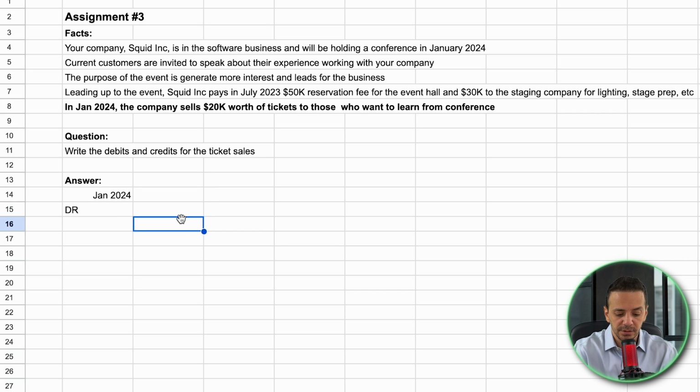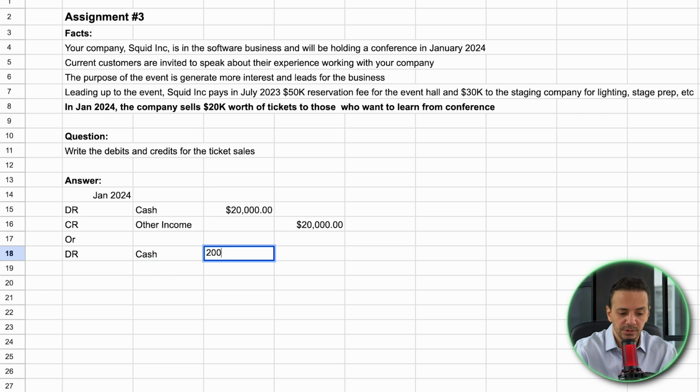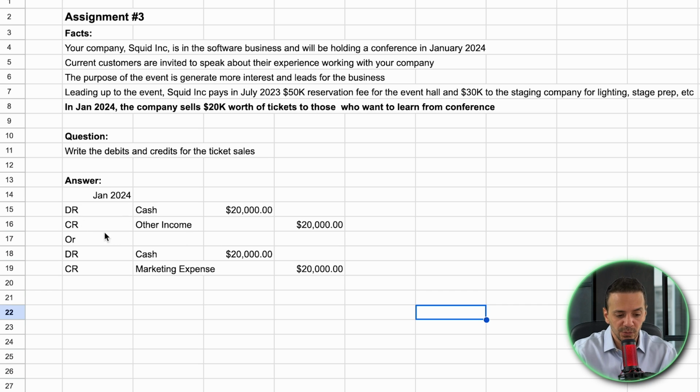In both cases, there will be a debit to cash for $20,000 and a credit to other income for $20,000, or option 2, debit to also cash $20,000 and credit to marketing expense, reducing the overall cost for this event on the P&L for $20,000. So two choices here, either one will be a valid option.